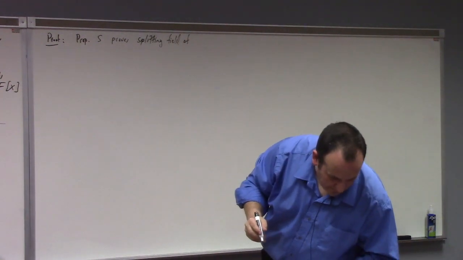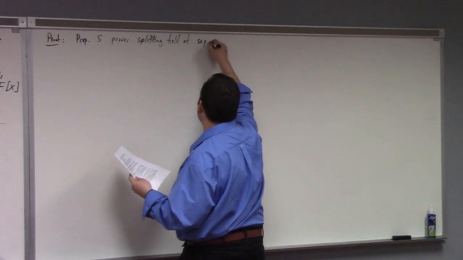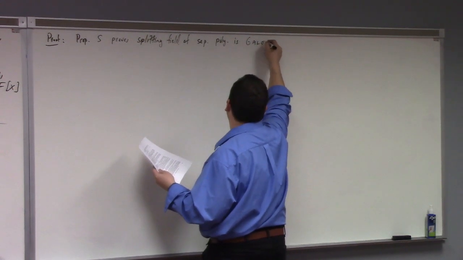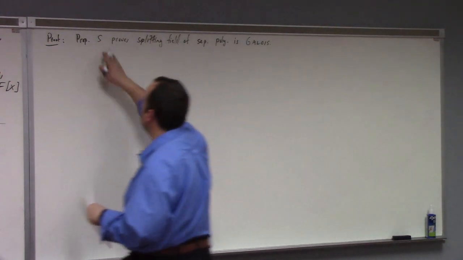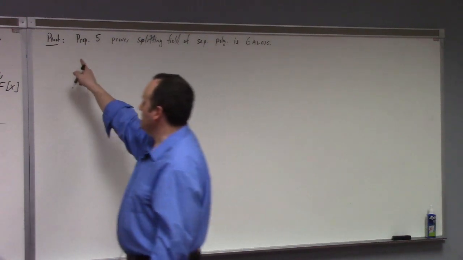The splitting field of a separable polynomial is Galois. Can you guys break that down for me? What does this sentence mean? We're trying to do an if and only if proof, right? So this is the what?